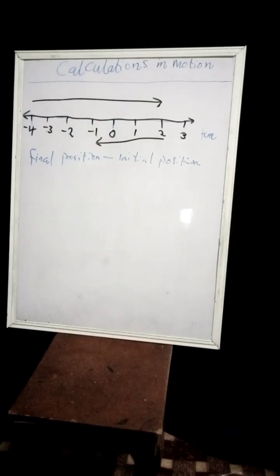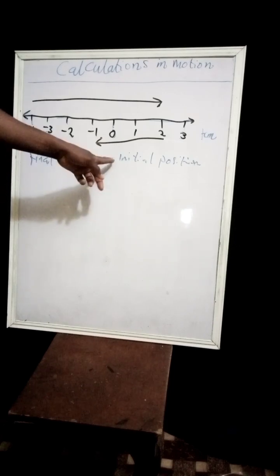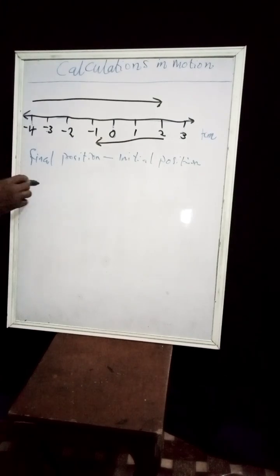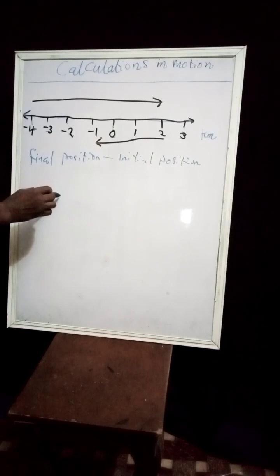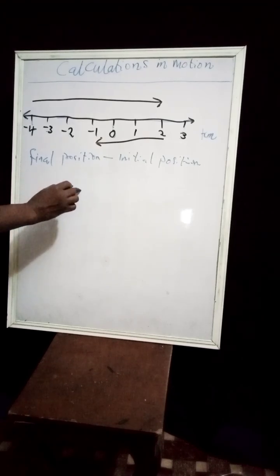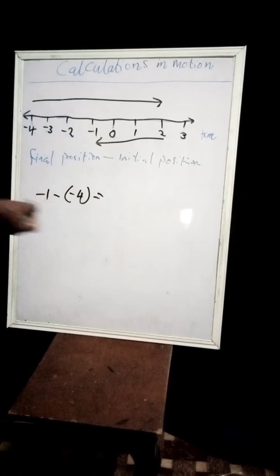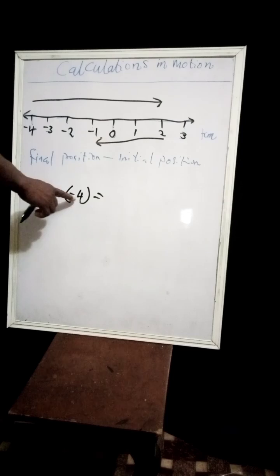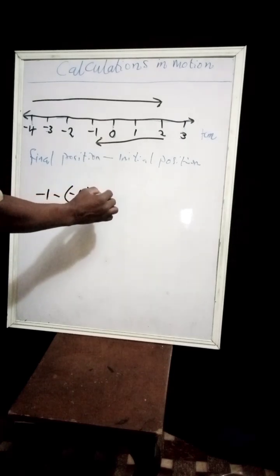To do this, remember our formula: displacement is the final position minus the initial position. Our final position is -1, and the initial position is -4. So we have final position minus the initial position, and remember that negative multiplied by negative is positive. So we have -1 plus 4, and that will give us +3.